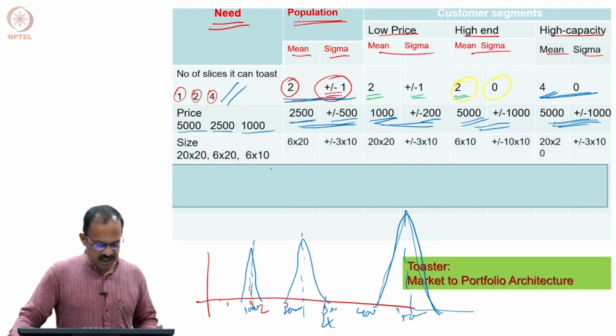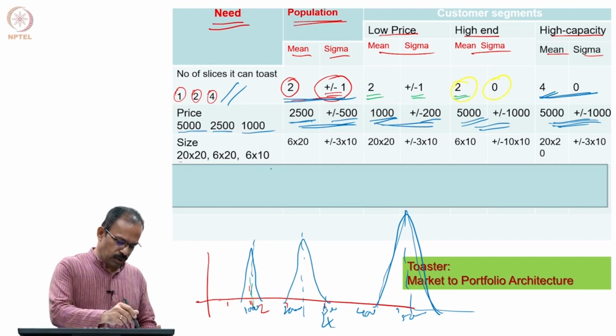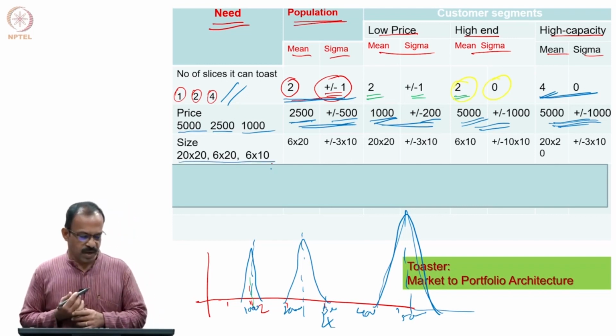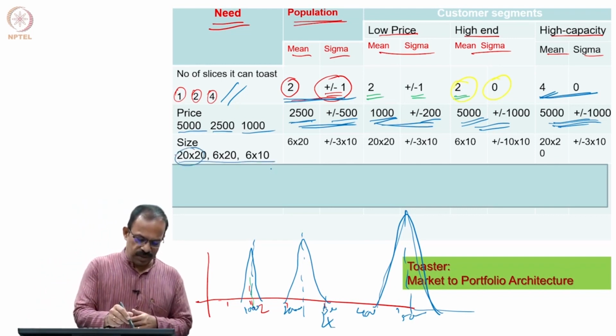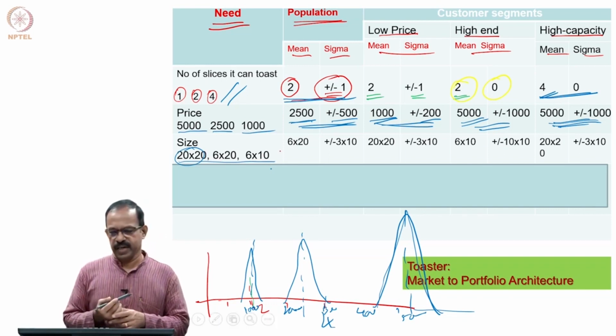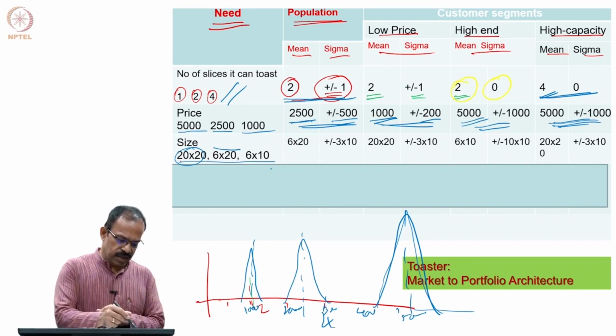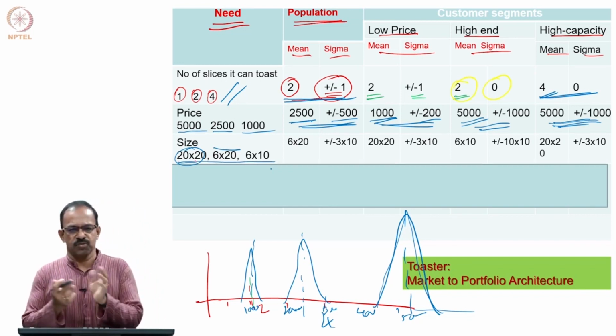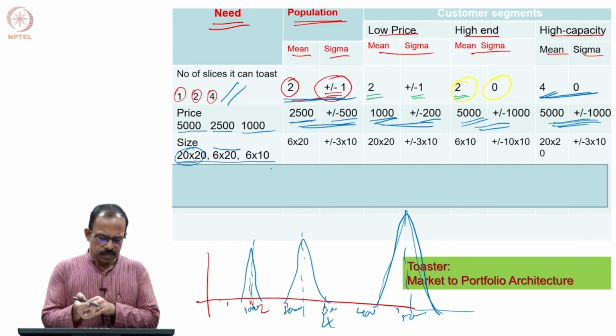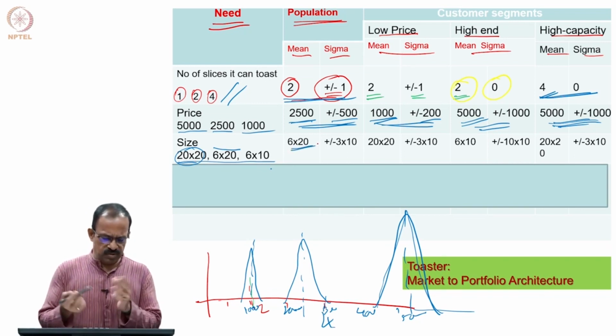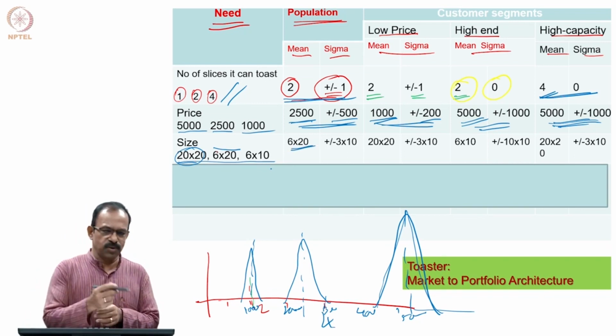Now, look at the other things, about the size. If you say that they can provide three different sizes, one is a large size 20 by 20, the other one is 6 by 20 and 6 by 10. 6 by 10 is very compact, 6 by 20 is a medium size, and 20 by 20 is a large size, and you ask the customers. So, for the population you can see that around 6 by 20 is their requirement, the middle value.